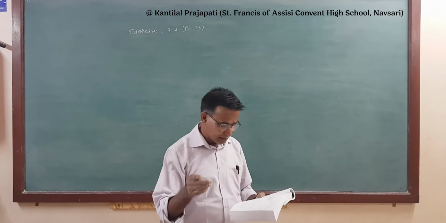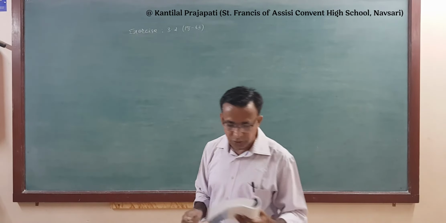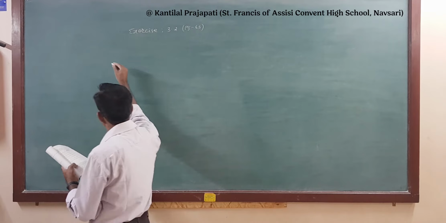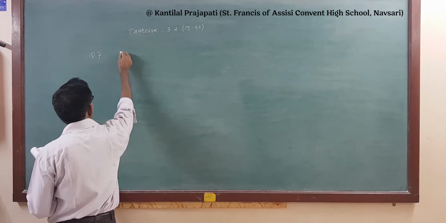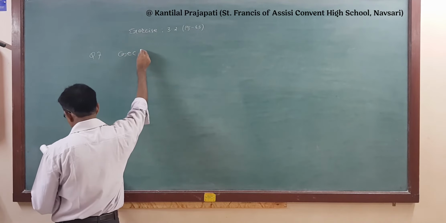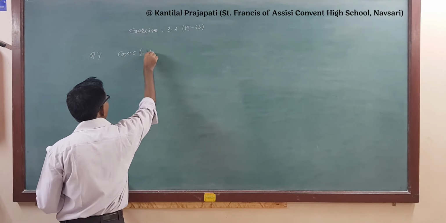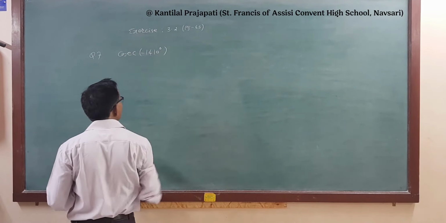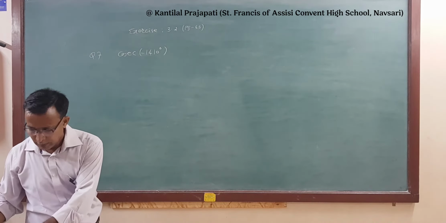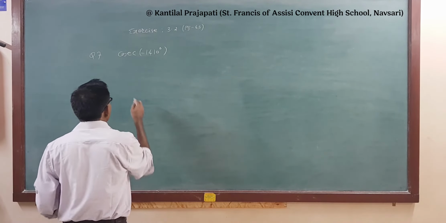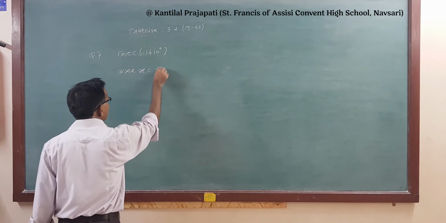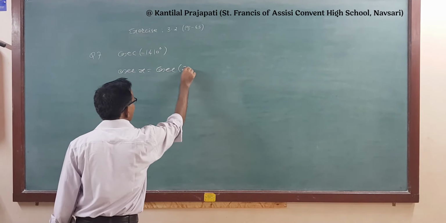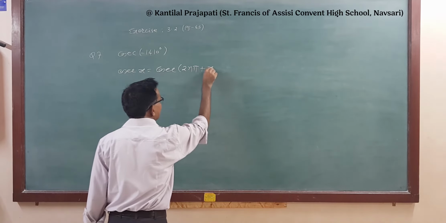Now question number 7 in exercise 3.2. Find the value of cosec of minus 1410 degree. So we know that cosec x is equal to cosec of 2n pi plus x.